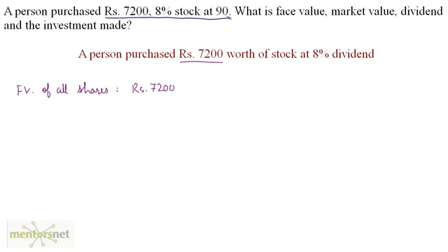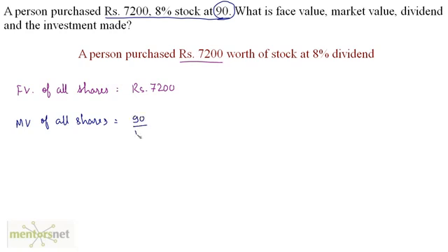Right. Now, what is this 90? Well, this 90 is basically the market value. So the market value of all shares is actually 90% of the face value. When it is just given like this, just a number, it is actually the percentage of the face value, right?